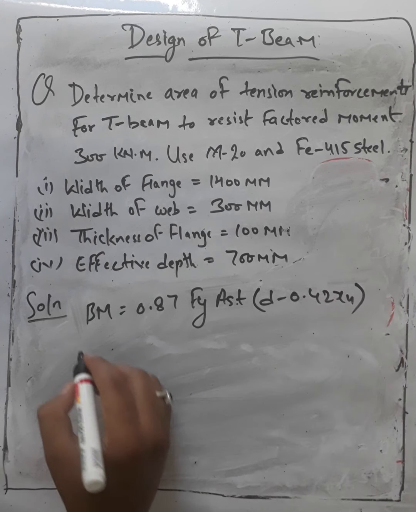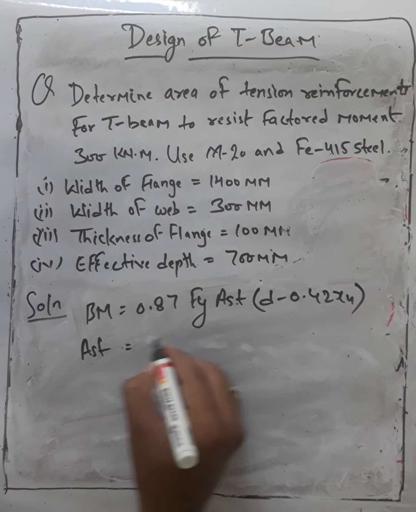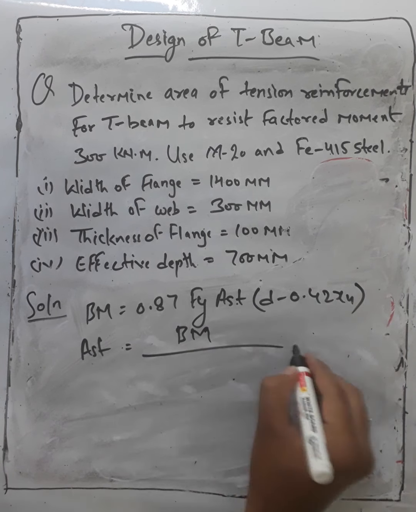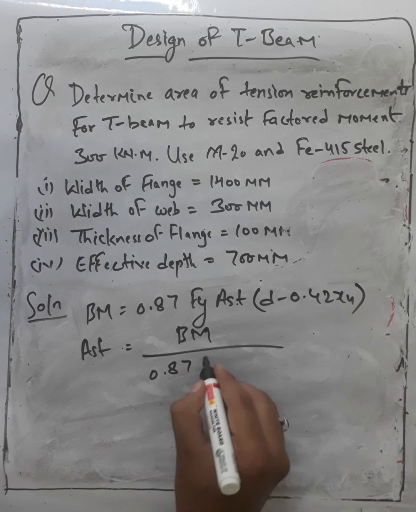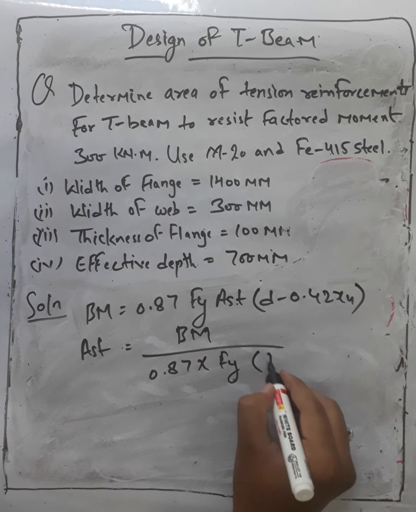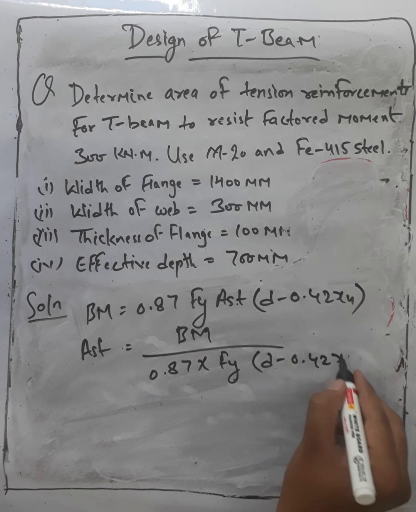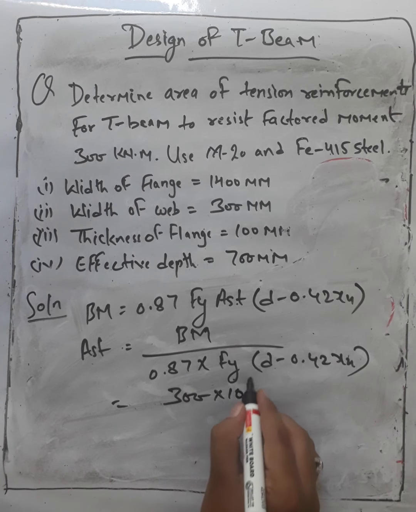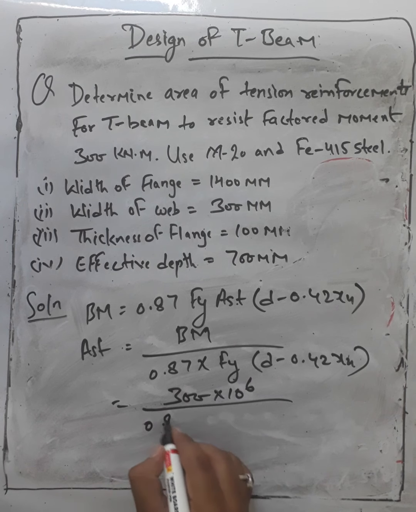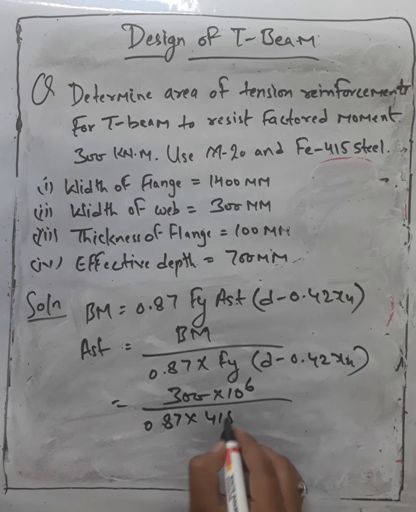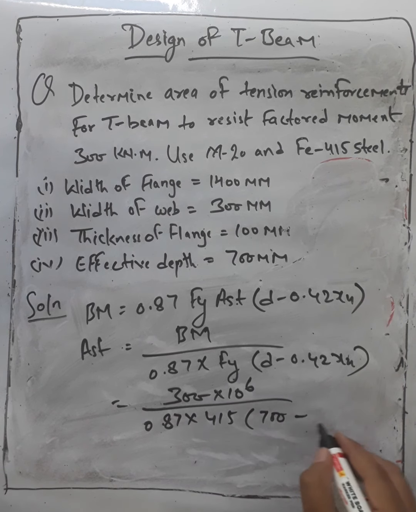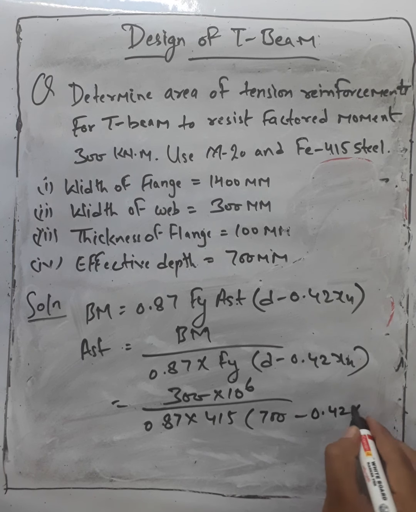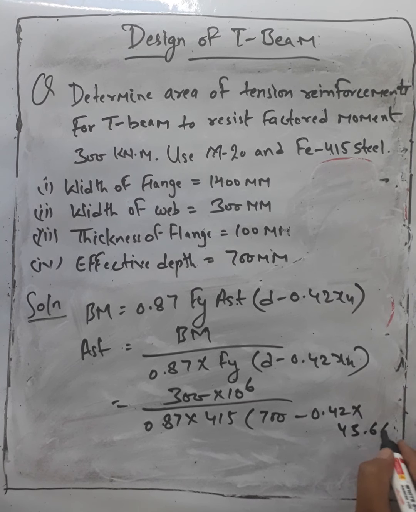This is our formula. Now we have to find Ast. So Ast is equal to bending moment divided by 0.87 fy (d minus 0.42 xu). That is 300 into 10 raised to the power 6 divided by 0.87, 415, (700 minus 0.42 into 43.66). Now solve this equation and find the value of Ast.